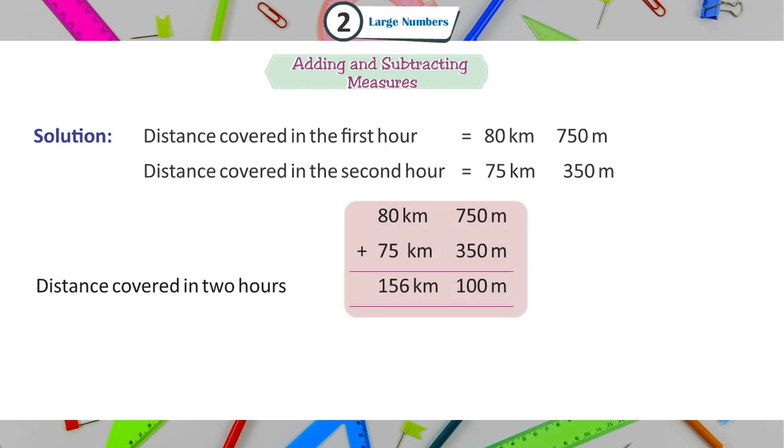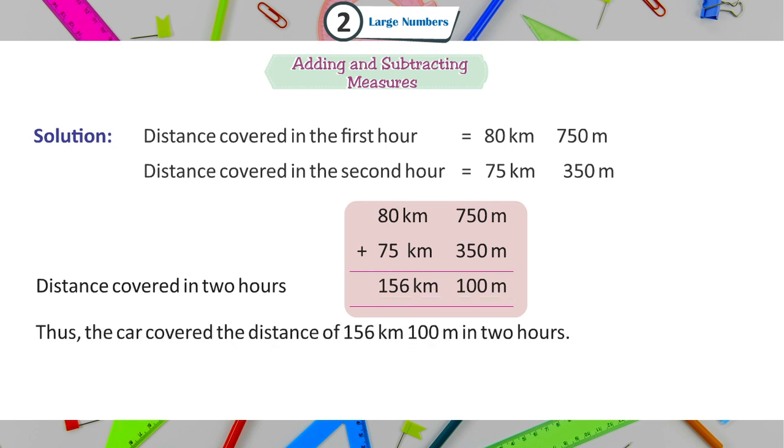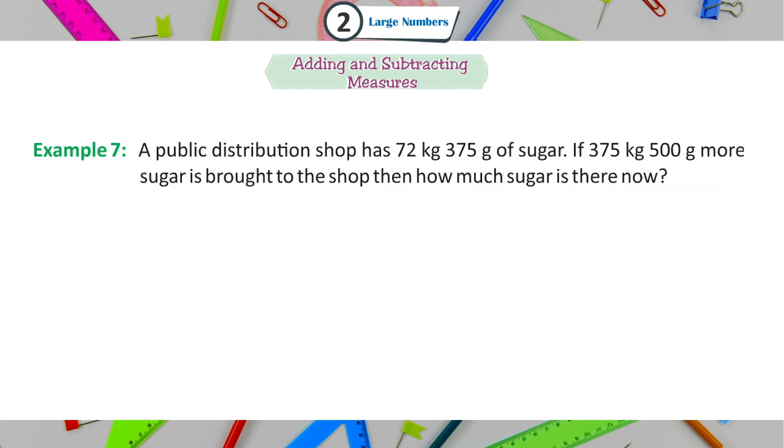Distance covered in 2 hours is 80 kilometers 750 meters plus 75 kilometers 350 meters, which is equal to 156 kilometers and 100 meters. Thus, the car covered the distance of 156 kilometers 100 meters in 2 hours.